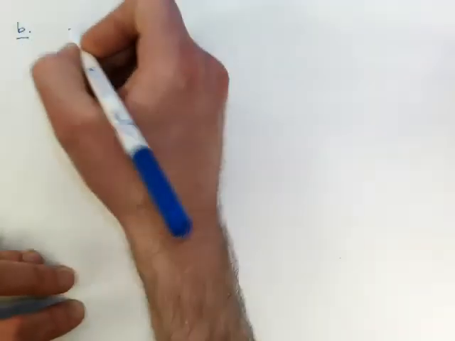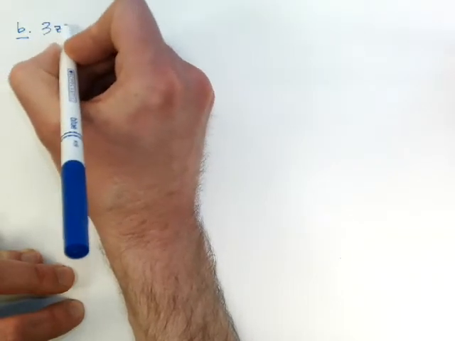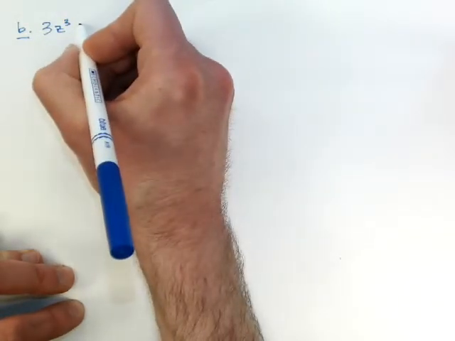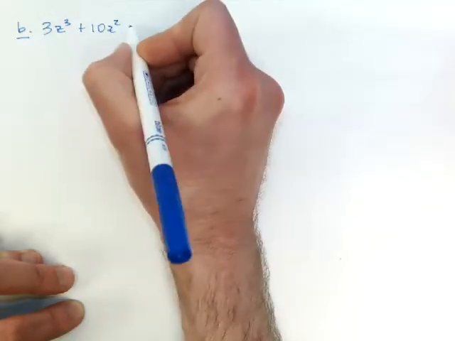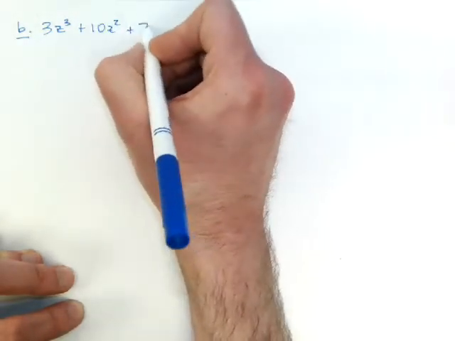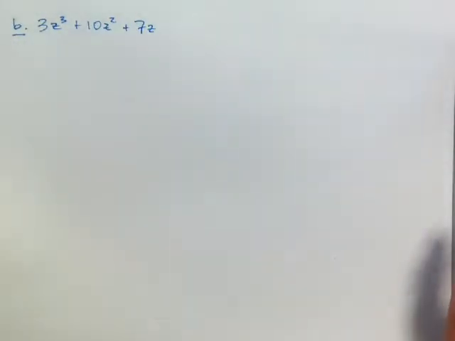All right, let's try how about 3z cubed plus 10z squared plus 7z. Take a second, take a look at this, pause the video.